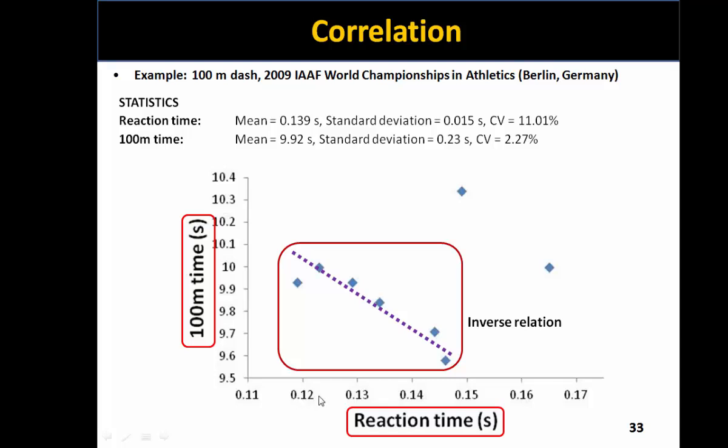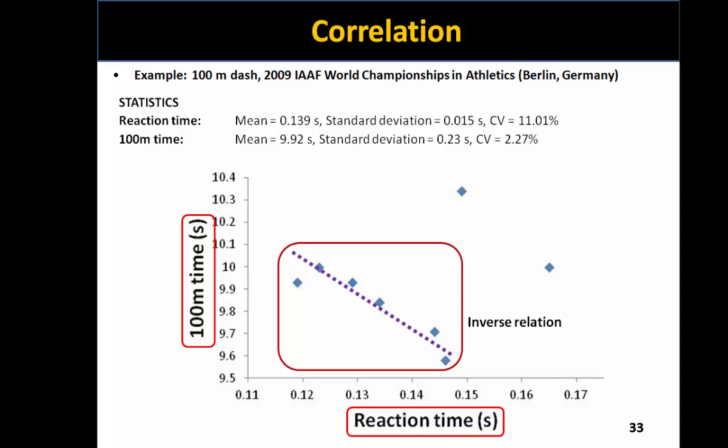A reaction time that goes from left to right on the x-axis tells us that the athlete was slower to react to the starter's pistol. The value from the top towards the bottom along the y-axis tells us that the athlete had a better performance because they had a faster time to complete the 100-meter distance.